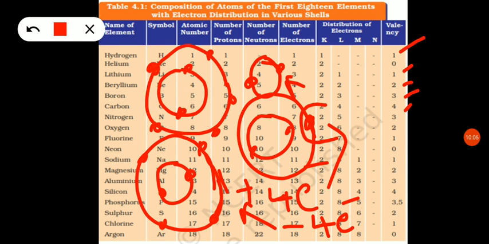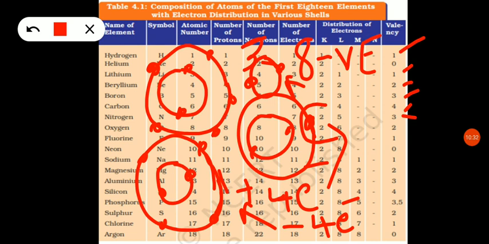Okay. So to become octet, how many electrons are required by nitrogen? So 5 plus 3 is 8. So it requires 3 electrons. Hence the valency is 3. Okay. So here you have to do 8 minus the valence electrons.